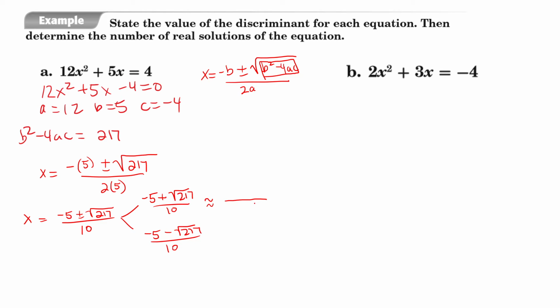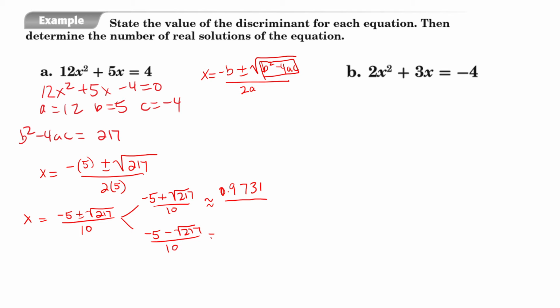Okay, we've got the square root of 217 plus a negative 5 divided by 10. And I'm getting approximately 0.9731.